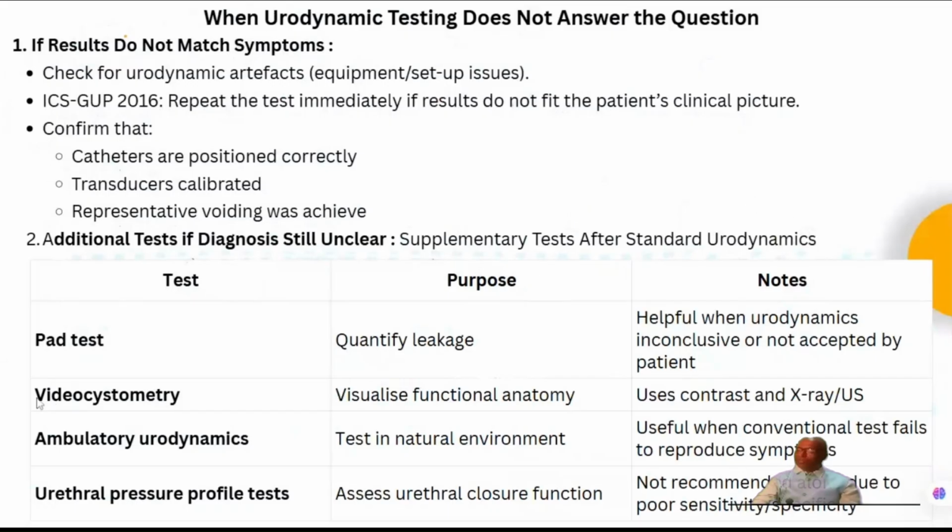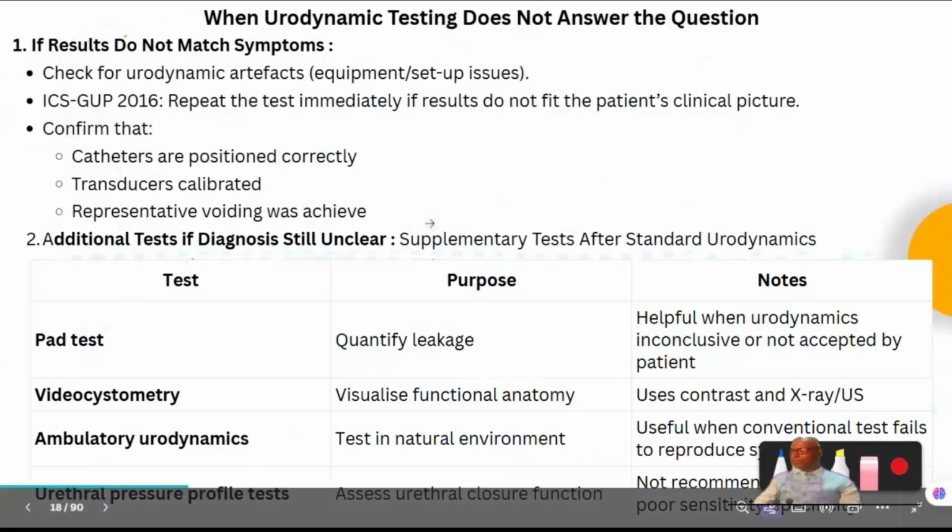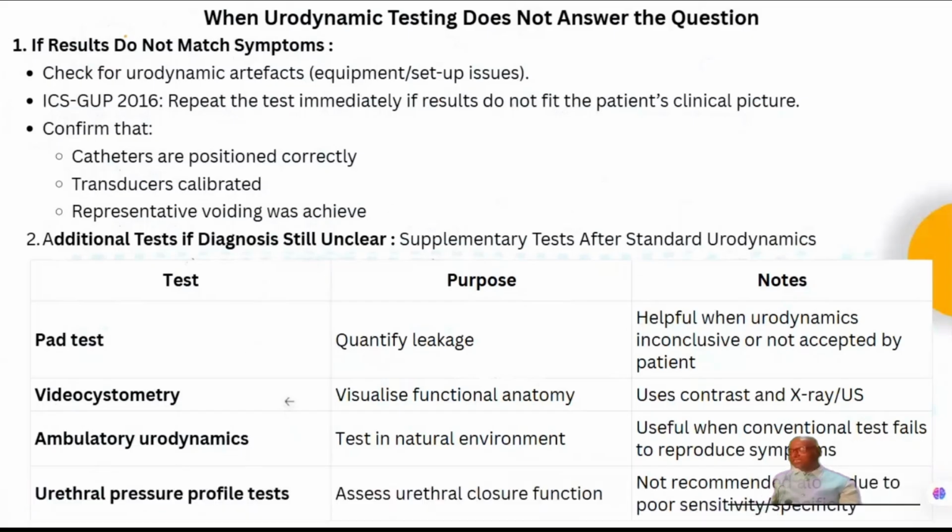You will not do these tests in isolation primarily. Among them is the pad test. The pad test will quantify the leakage. It will be helpful when urodynamics are inconclusive or not accepted by the patient. Say, for example, urodynamics is showing a leak, but the patient is not convinced. In that case, if you perform the pad test, it will quantify the leakage.